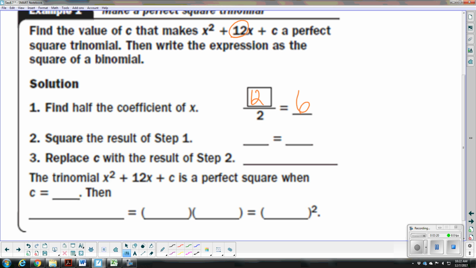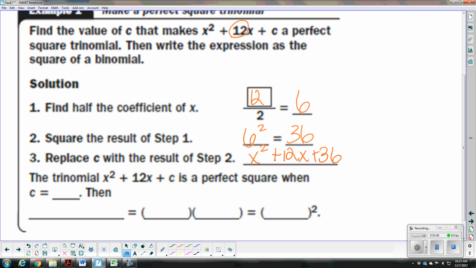The second step is to square that result. So 6 squared equals 36. And then we're going to replace c with the result of step 2. So now we have x squared plus 12x plus 36. And this is not an equation right now, it's just an expression, so it doesn't equal anything.